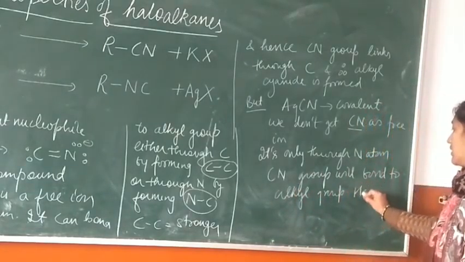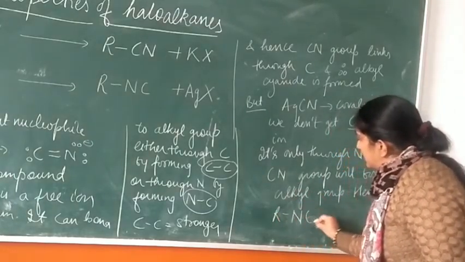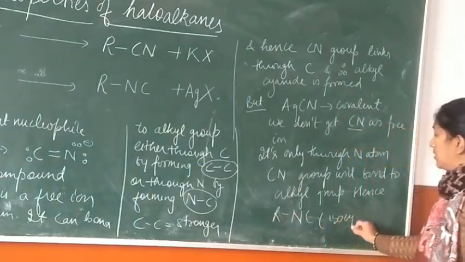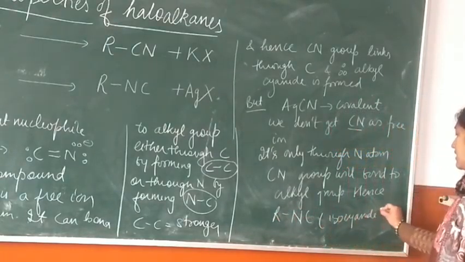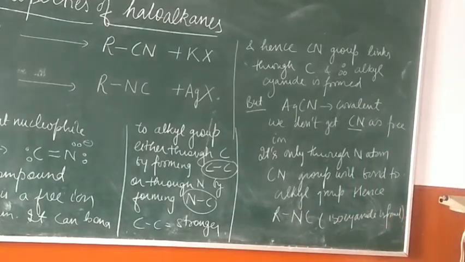Hence, isocyanide is formed. Is this clear to you, and is the board visible?